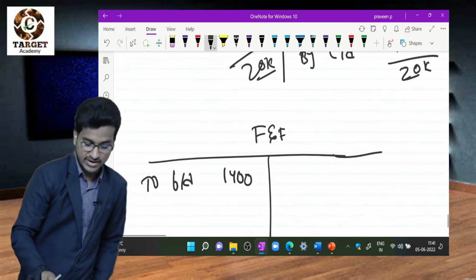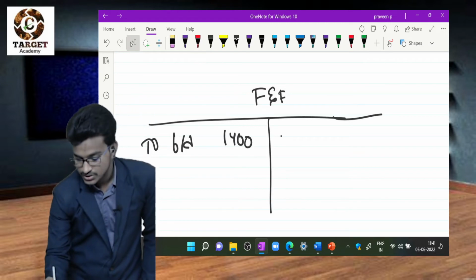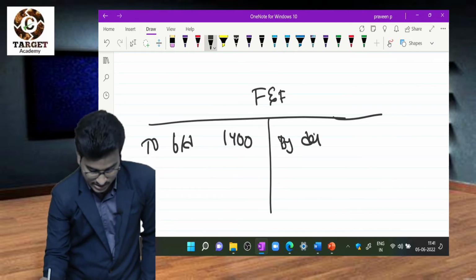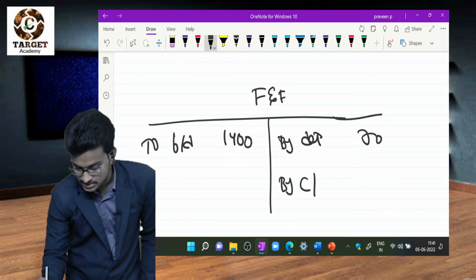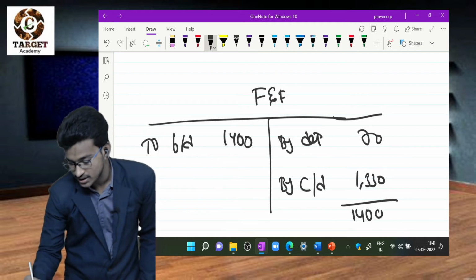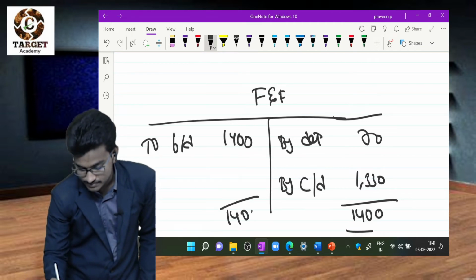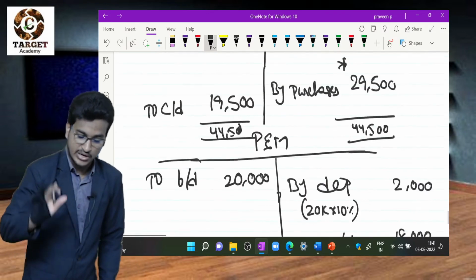Next, close furniture and fittings account. Depreciation 5% given. See the question. So by depreciation, how much? 70. So by closing balance, 1,330. Total 1,400, correct? Yes, now the working notes are closed.